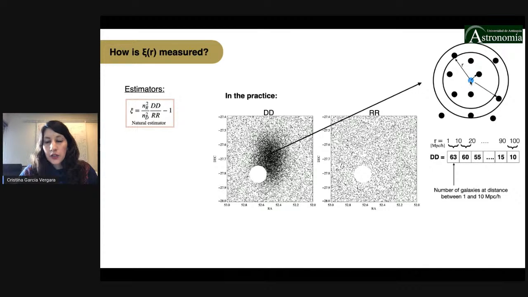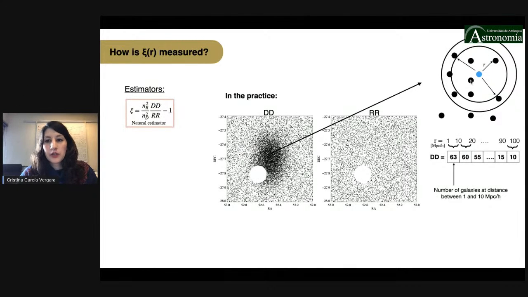Then when you finish one galaxy, you pick another galaxy of the same catalog and repeat the same thing using the same binning. Then when you finish doing this with all the galaxies in your data catalog, your DD array will look like this one. Then, for example, you have 63 galaxies at distance between 1 and 10, 63 pairs of galaxies.